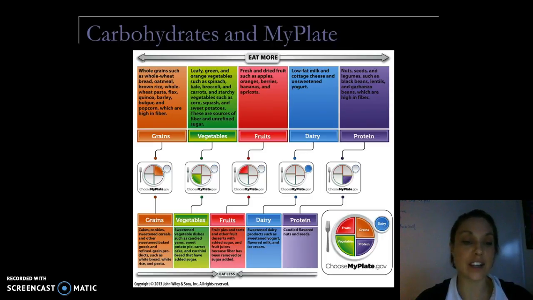Even if they're enriched and fortified, remember they don't contain all of the nutrients and phytochemicals that were originally in the product. So by making good choices in terms of carbohydrates, we can incorporate that 45 to 65% of total calories of carbohydrates in our day, enjoy a variety of carbohydrates from a variety of different food groups, and still meet our overall nutrient needs.